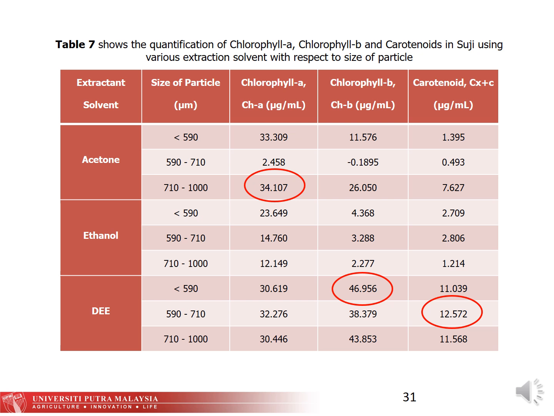The negative values obtained for carotenoid concentration of less than 590 micrometer particle size of pandan species extracted with acetone, with a value of negative 0.016 microgram per milliliter, and chlorophyll B concentration of between 590 micrometer to 710 micrometer particle size of suji species extracted with acetone, with a value of negative 0.1895 microgram per milliliter, are both invalid values.